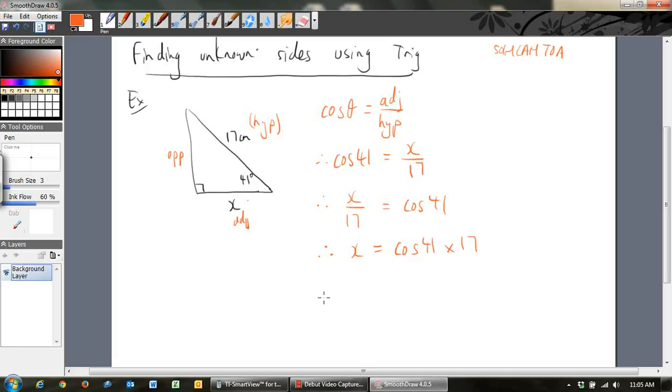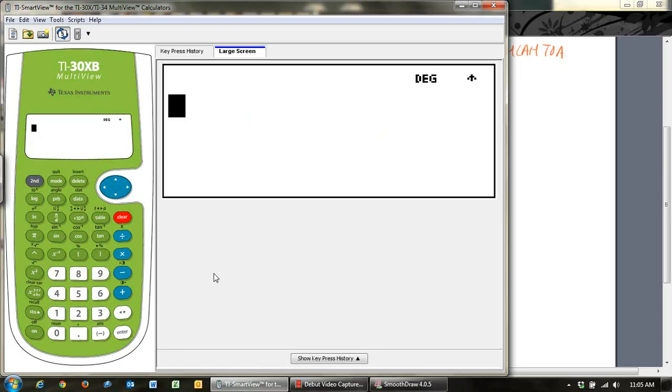Now, what the heck is cos 41? This is where you need your calculator. You get your calculator out, and you get to press the cos button, possibly for the first time in your life. So press cos, and we want to know the cos of 41. You type in 41, close the bracket, and then times that by 17.